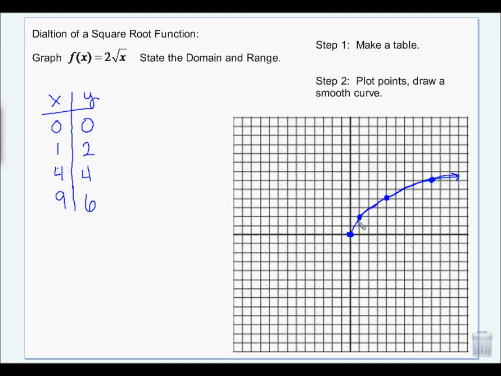And again, you can see I have a curve. Now the difference between the square root of x, which was the parent function, and 2 times the square root of x is I'm fatter from the x-axis up. It's fatter, right? So I've been stretched vertically.